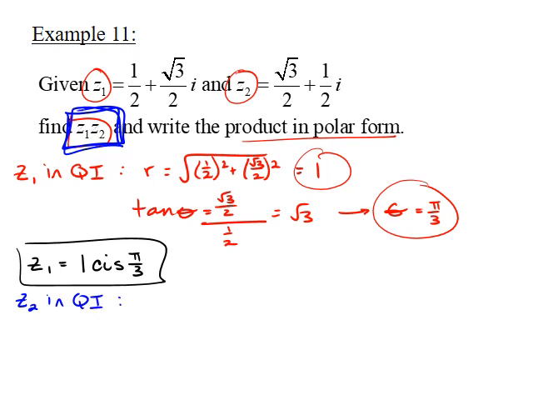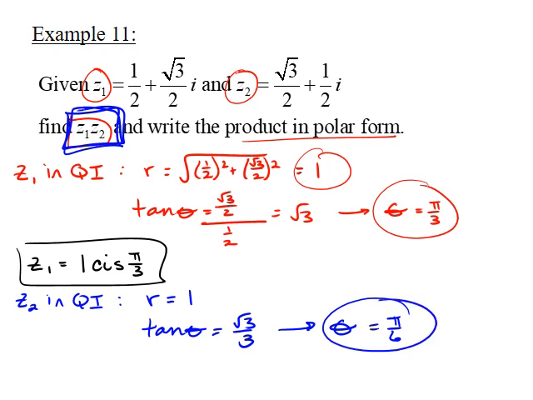So same type of thing. You will find that R is equal to 1. I'm going to wave my hands a little bit. And tangent of theta ends up being root 3 over 3. So in quadrant 1, theta is pi over 6. So Z2 in polar form is 1 cis pi over 6.